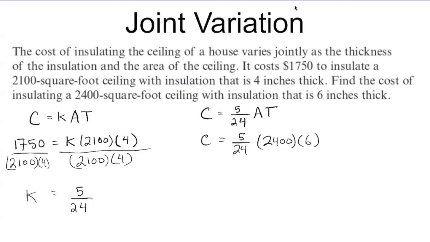So conveniently 24 goes into 2,400 100 times, and 100 times 5 times 6 is 3,000. So the cost is $3,000.